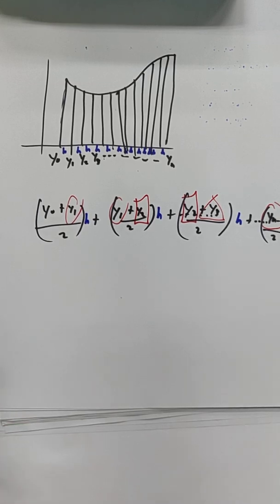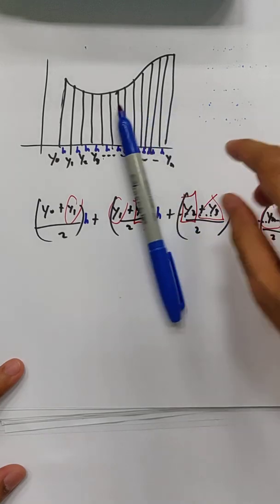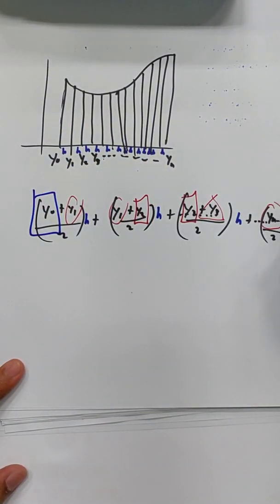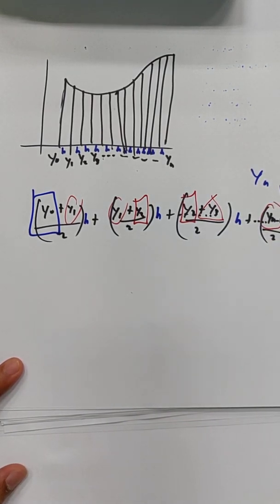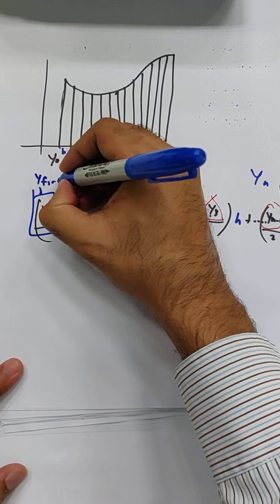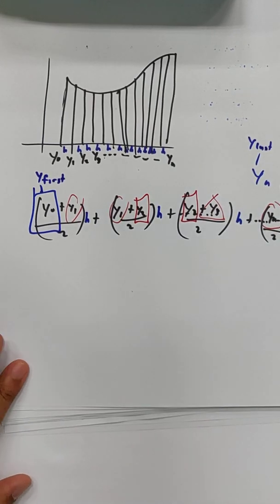The only things that don't appear twice are y0 and yn. They only appear once. So we can consider the first y and the last y. I propose we memorize it this way, y first and y last. Easy for us to memorize.